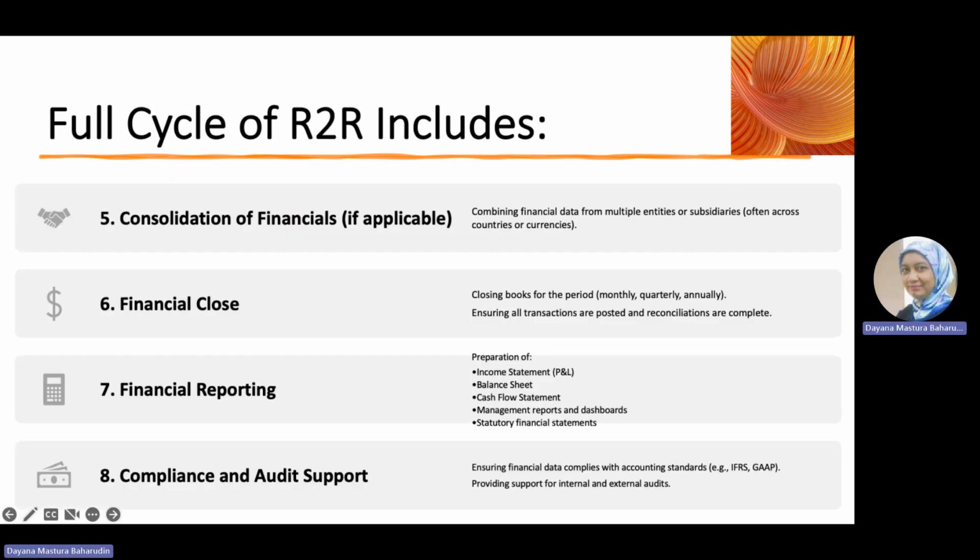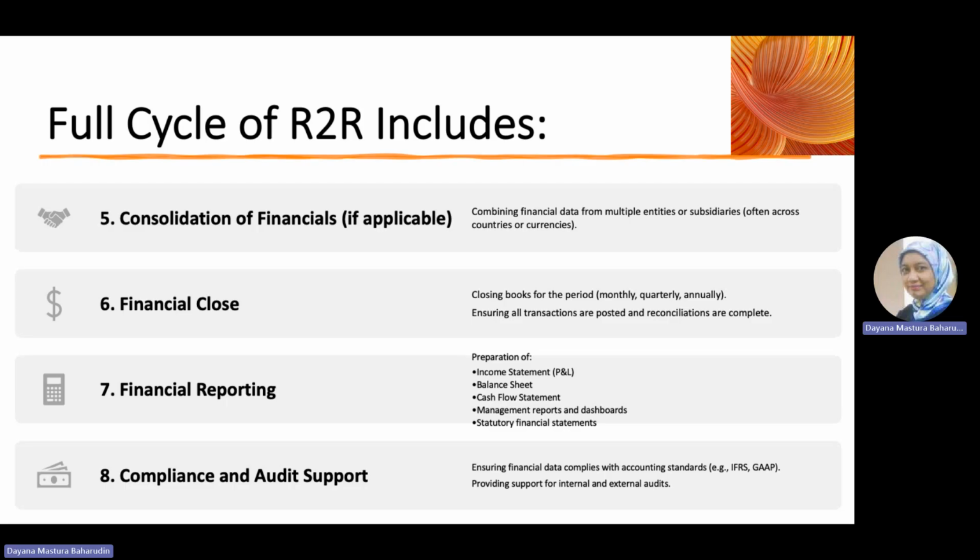Then consolidation of financials, if applicable. If you have a parent company and subsidiaries, you need consolidation accounting. Then financial close. All the teams need to perform financial close, monthly, quarterly, annually, even for P2P and O2C.